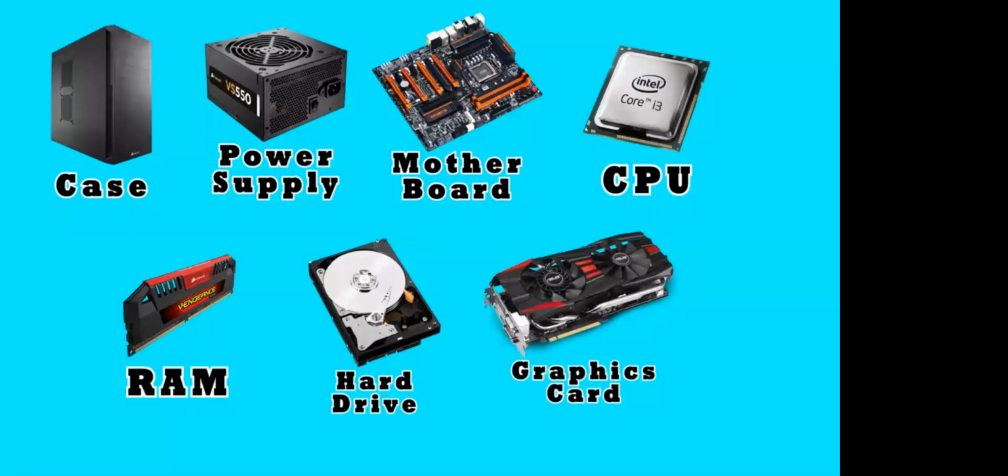Then CPU. CPU stands for central processing unit. The central processing unit will do all the processing that should be done. It will take the input and give you the output, as you all know. Then RAM.